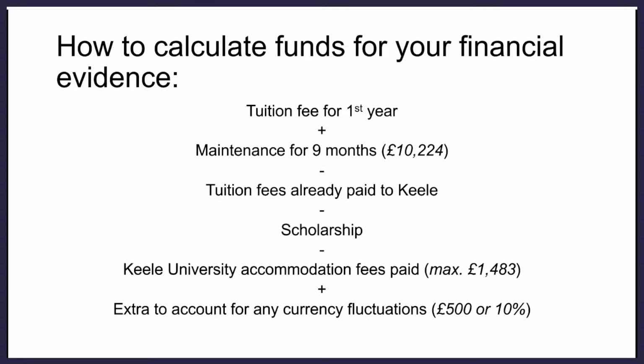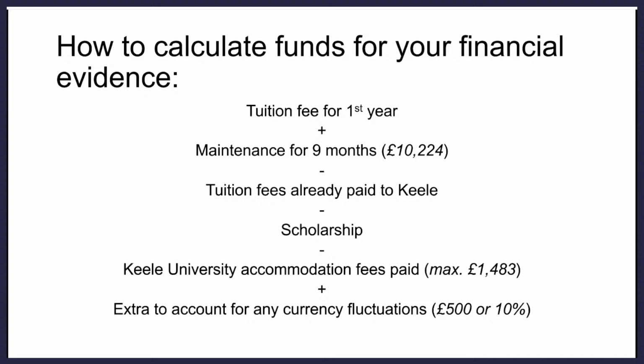Okay, that's really thorough. Thank you. How much money do students need to demonstrate on the bank statement, and how do they calculate this? I think we've got a calculation that we can put on. Yeah, so this is different for individual students, so you do need to do the calculation yourself. You need to think about your total tuition fee for the first year of your course.